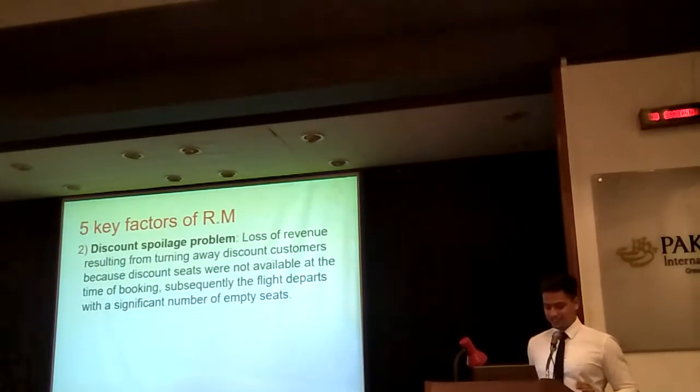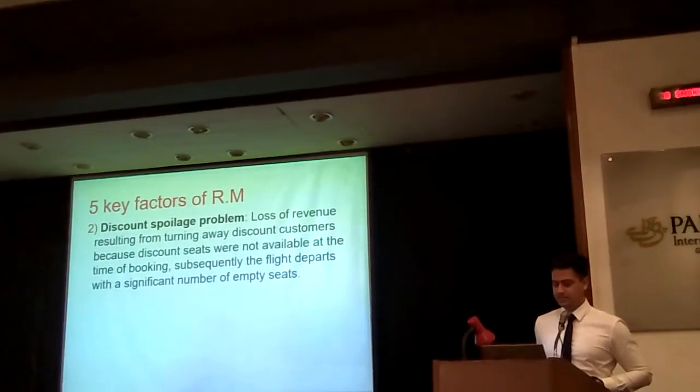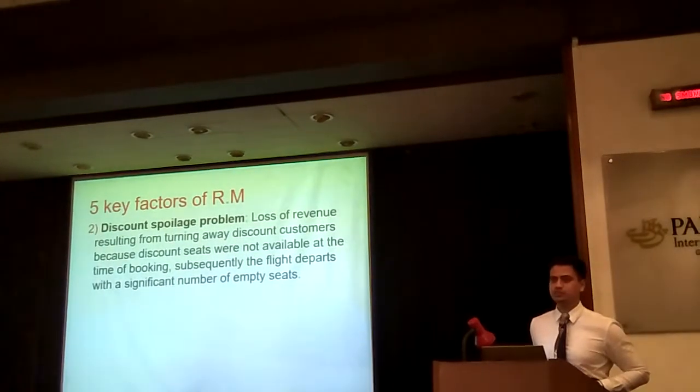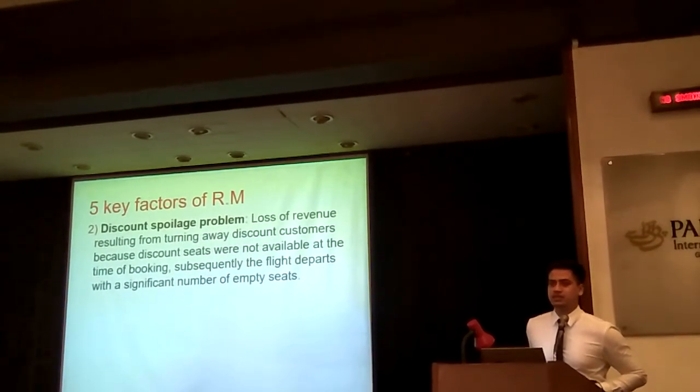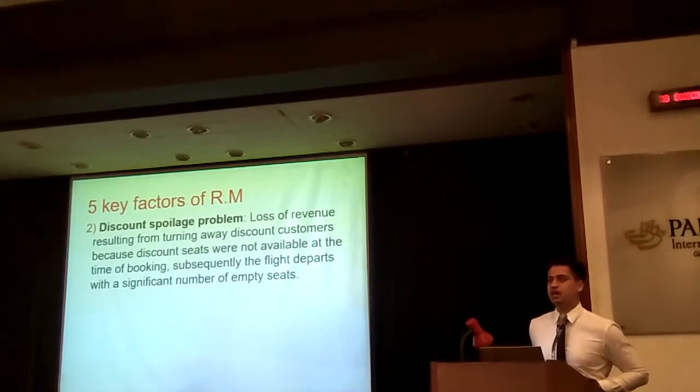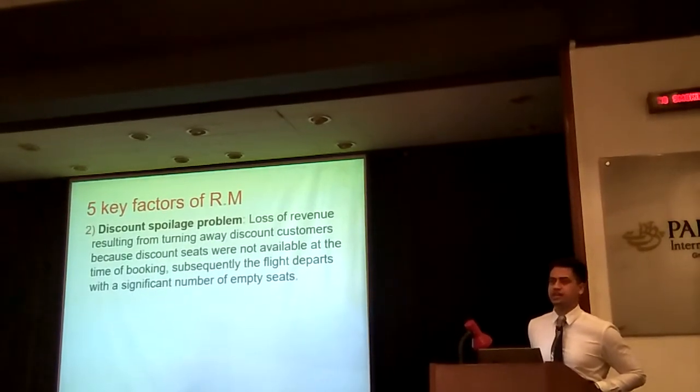So the second key problem for the airline is the spoilage problem, which happens when you just come up with the best guess of how many people would be flying on an aircraft.